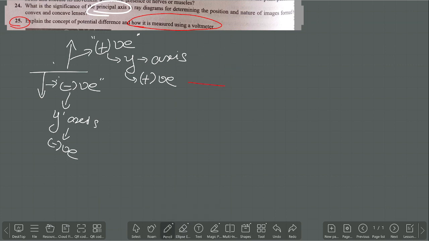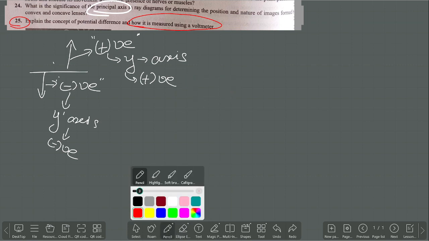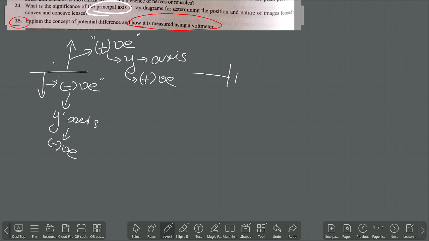So in a circuit, suppose this is the conductor, and here we need to connect the ammeter. Ammeter must always be connected in series. They are asking how it is measured using a voltmeter. Where do you need to connect the voltmeter?